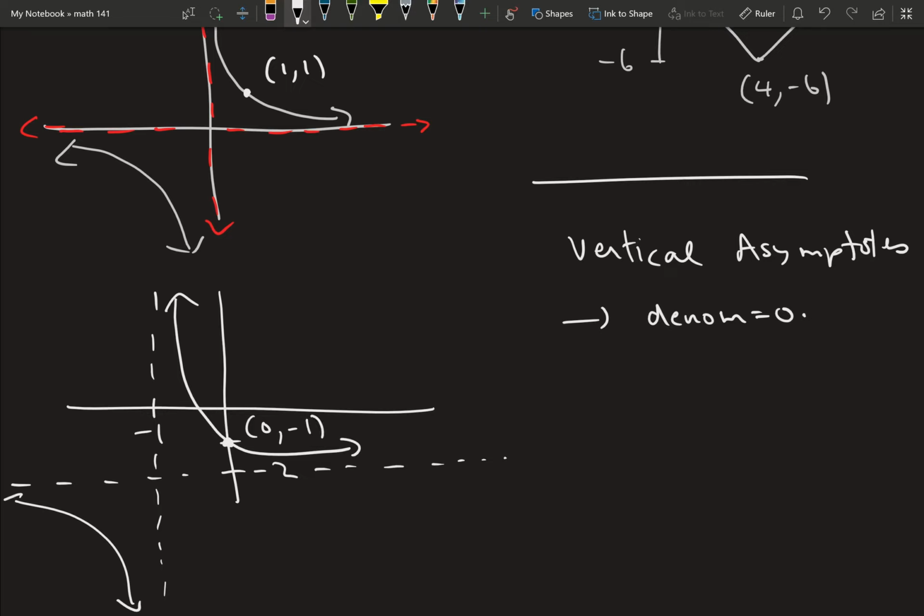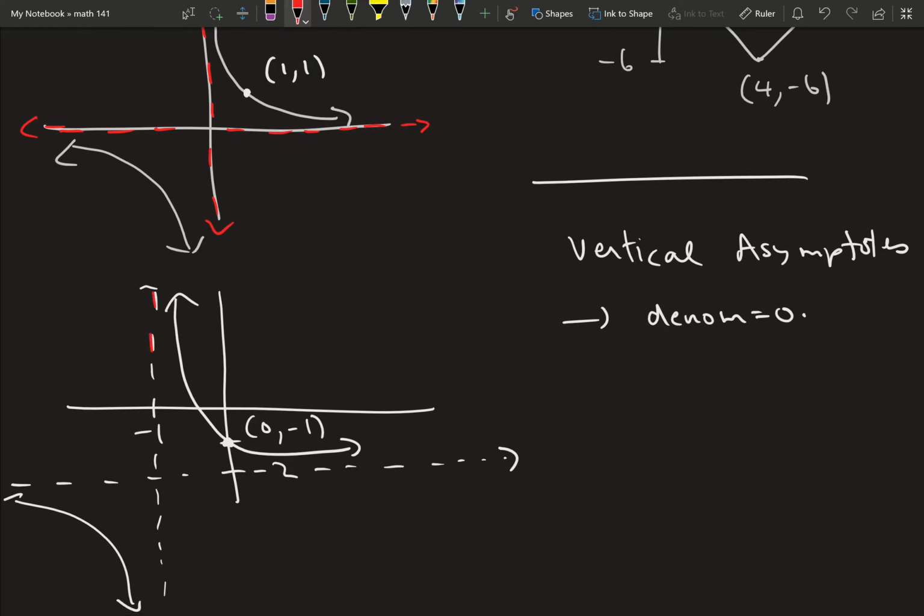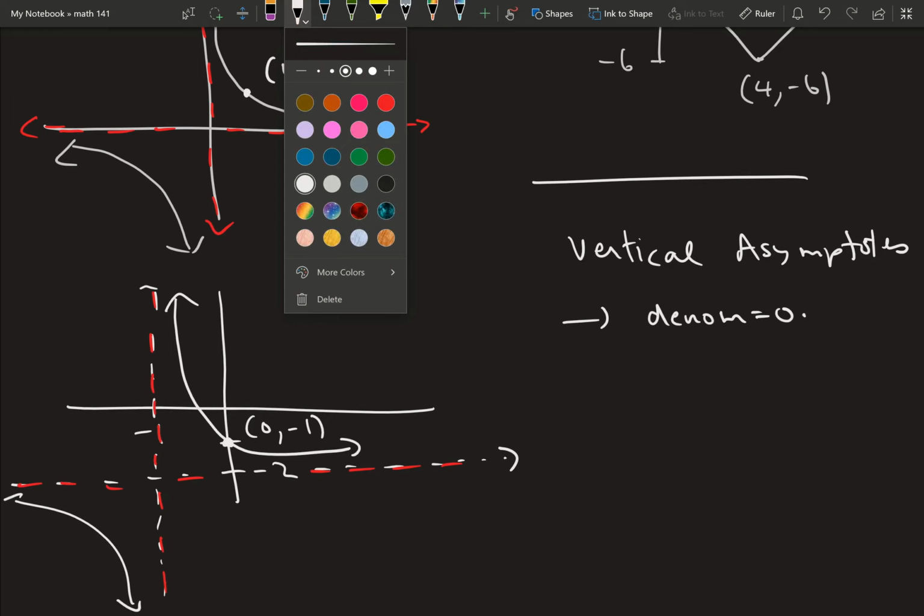So the original point 1, 1, when you shift it left 1 unit and down by 2, you get 0, negative 1. So this is the graph of G tilde.